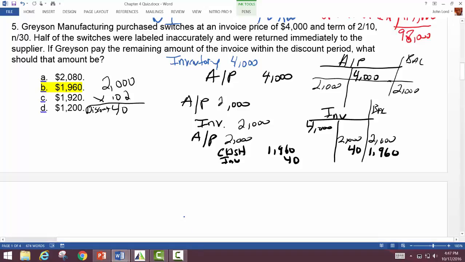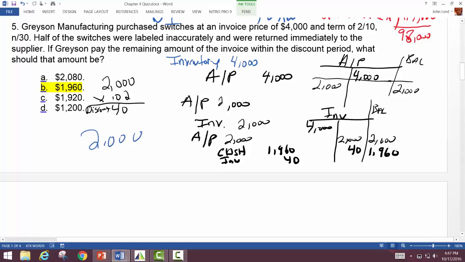Good job. Is there any other way of coming up with this 1960, by the way, after you got the 2,000? Did you have to do the 2,000 times the .02 to give you the $40 discount, and then subtract it off? Could I come up with the 1960 any other way?